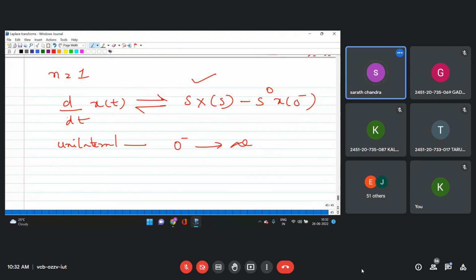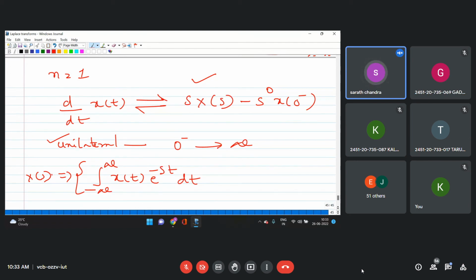What is the actual definition? We have X of s equals the integral from minus infinity to plus infinity of x of t e to the power minus st dt. So the integration limits are from minus infinity to plus infinity. But I said we are going with the unilateral Laplace transform.